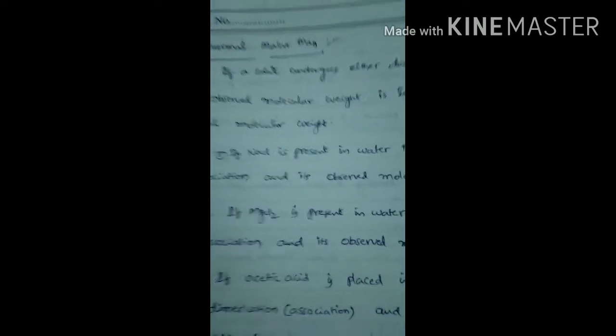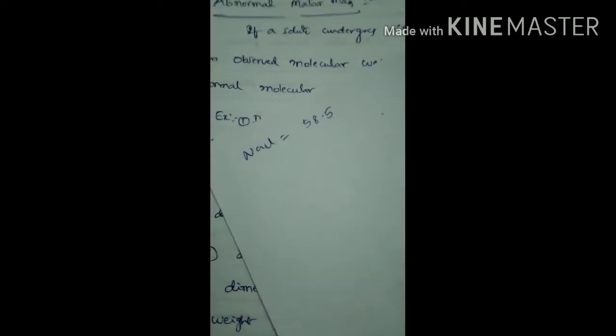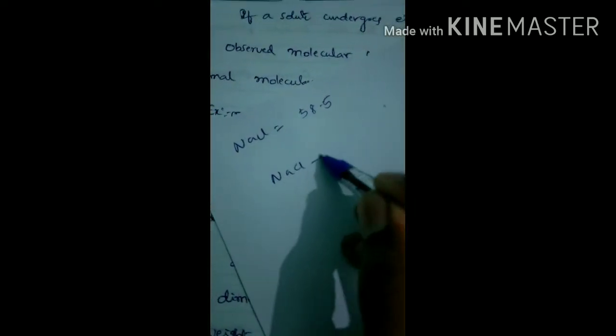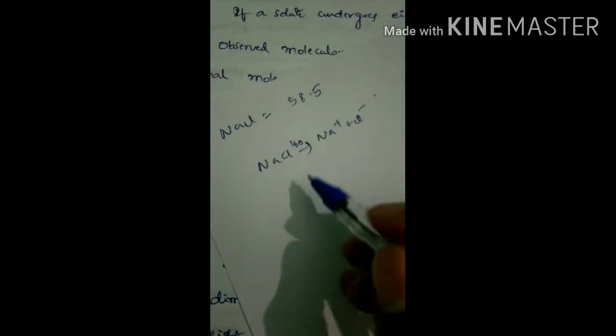For example, if I take NaCl, its molecular weight is 58.5. When NaCl is present in water, it becomes Na+ and Cl- ions. We know that already.